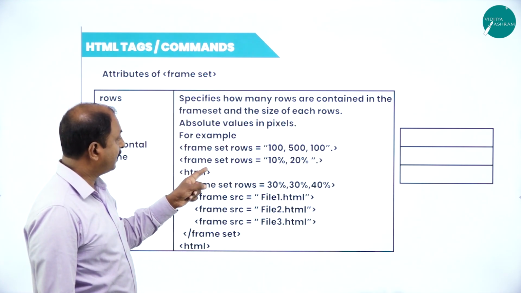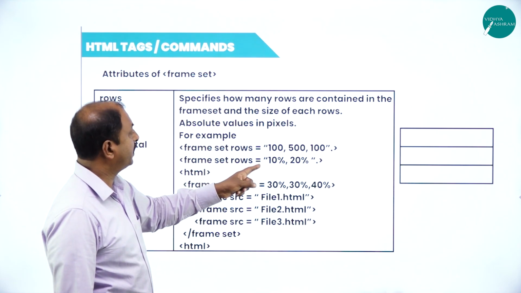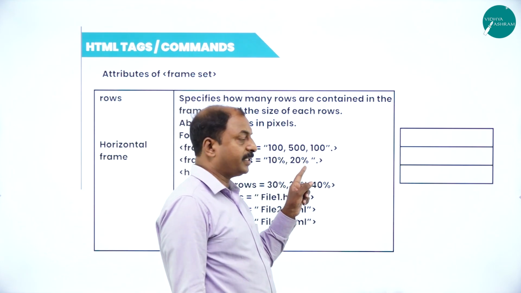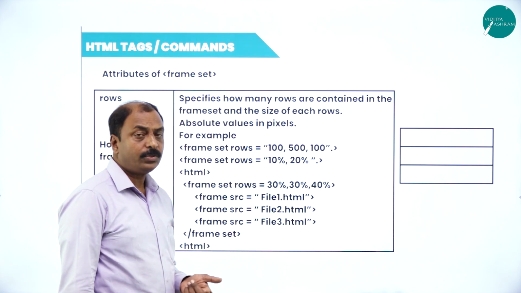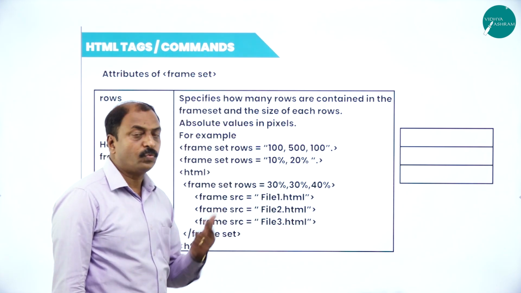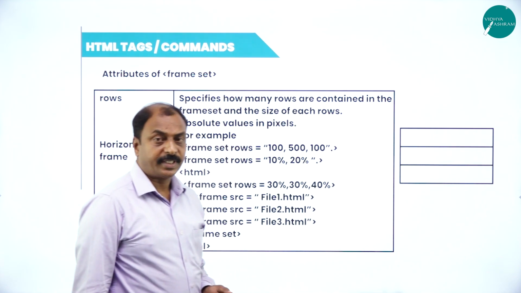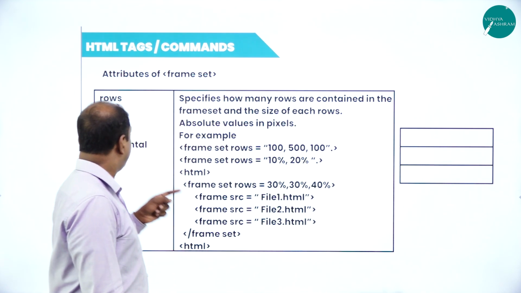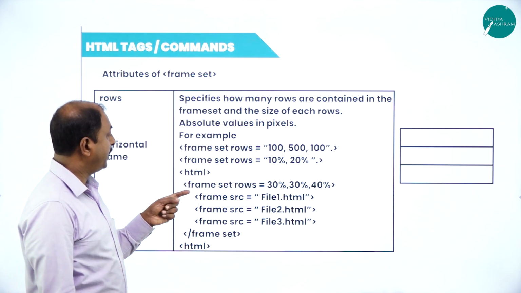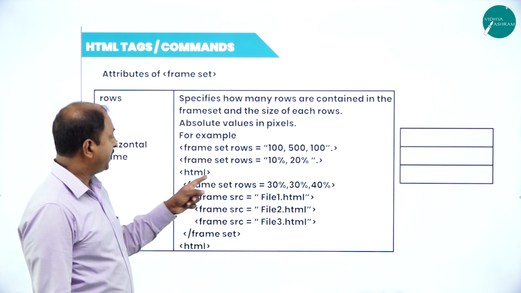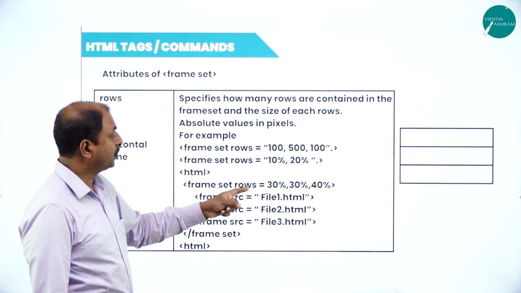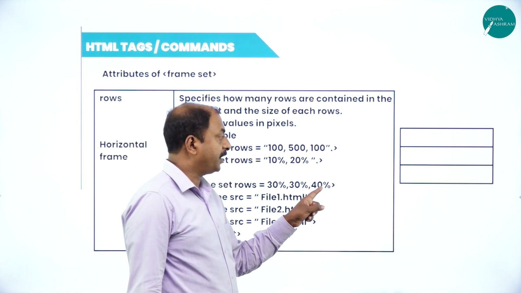Next is another example, frameset rows equals 10% and 20%. This is another method of writing the values. Here in this example, there are two values. So this will be divided into two sections or two frames, that is horizontal frames. And look at the example, HTML, and here frameset rows equal to 30%, 30%, 40%.